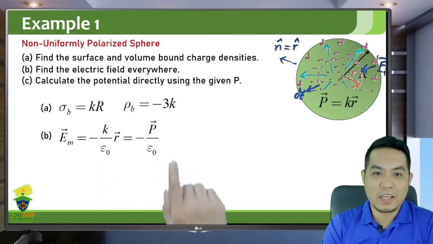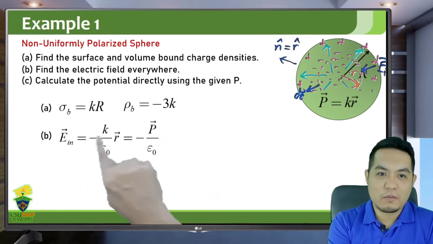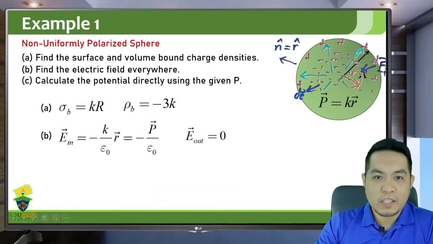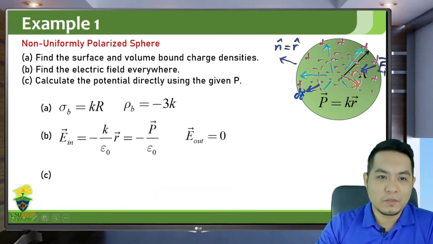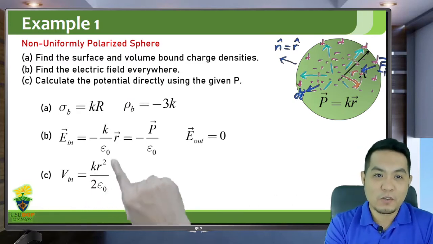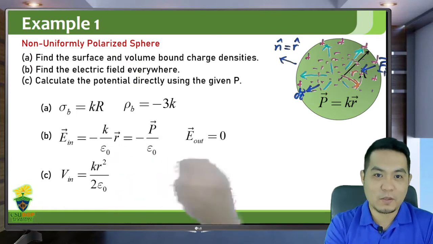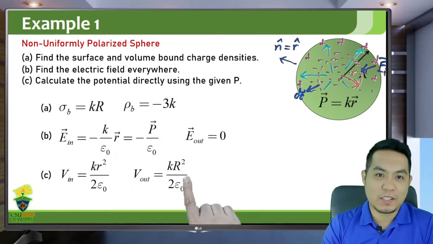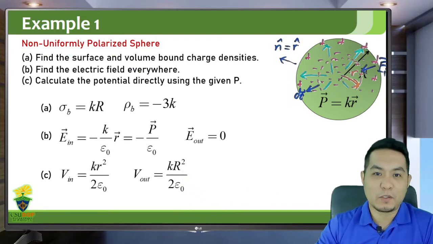Essentially, the electric field is directly proportional to the polarization. For the electric field outside, we found out that it's 0. For the potential inside, we found this value. Again, if you take the negative gradient of this, you will get this result. And for the potential outside, it's constant: k capital R squared over 2 epsilon naught.